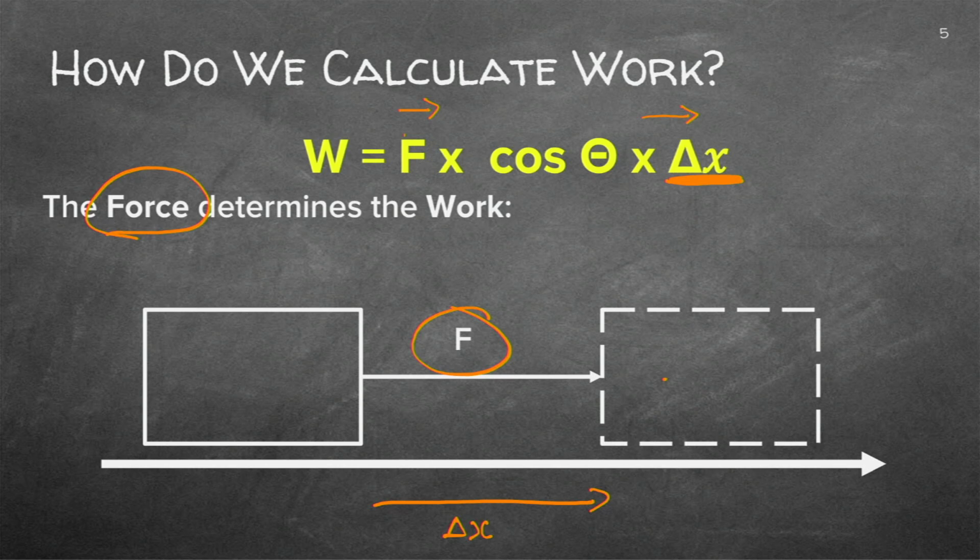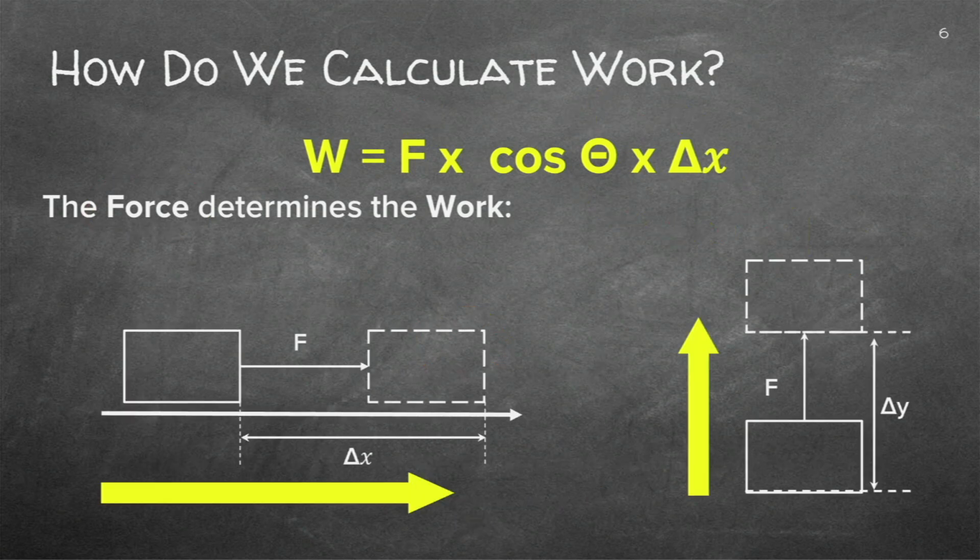Well, then the angle would be 0 degrees. And if you put that into your calculator, you'll find that cos 0 degrees equals a value of 1. So as soon as the force and the displacement is in exactly the same direction, you'll just have to multiply it by 1.